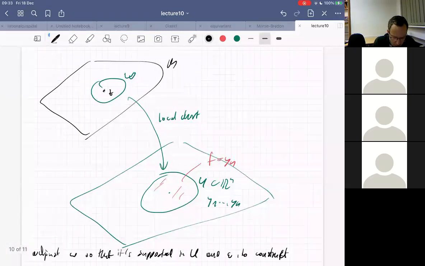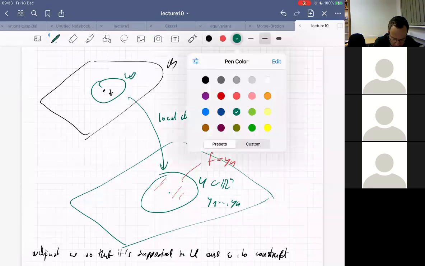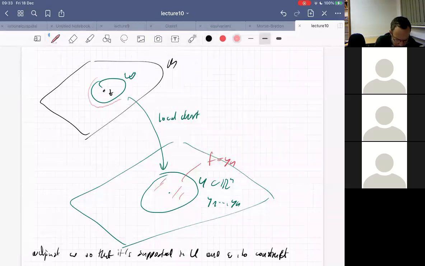So what do we do? We just take a slightly larger or slightly smaller neighborhood W0. That is basically a matter of taste.